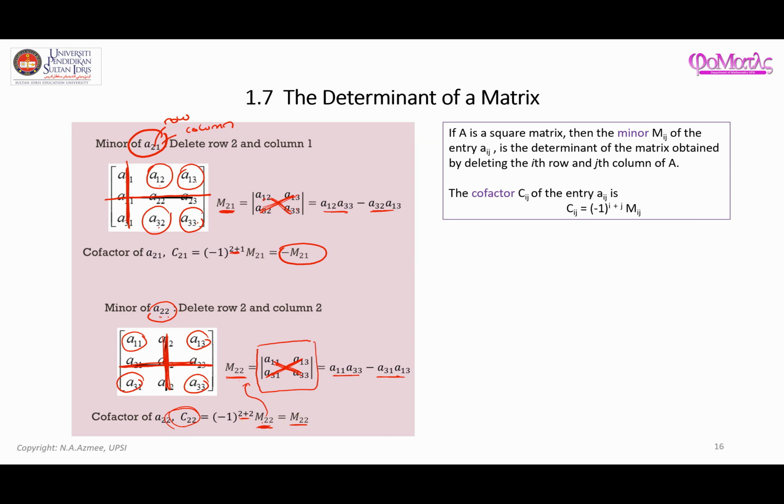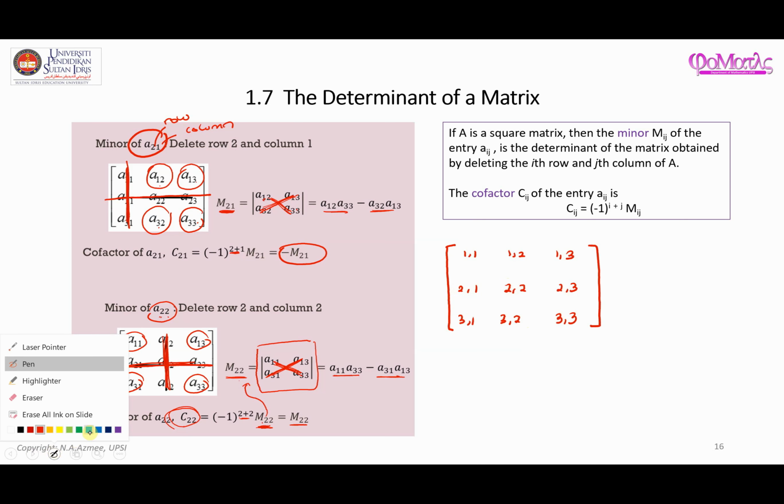Now, if you have a 3 by 3 matrix, you know that these are the positions: 1,1, 1,2, 1,3, 2,1, 2,2, 2,3, 3,1, 3,2, and 3,3. And you can see if you talk about the cofactor here, 1 plus 1 is 2, it's going to be a positive sign. 1 and 2 is 3, it's going to be a negative sign.